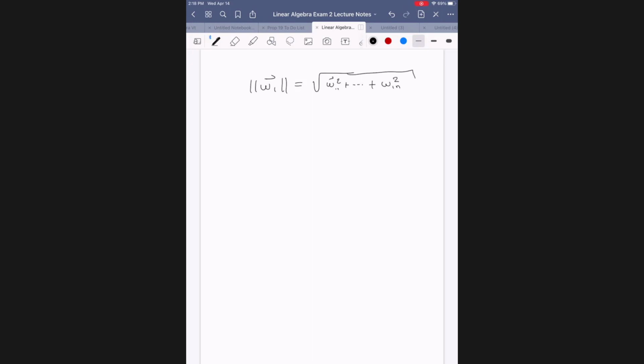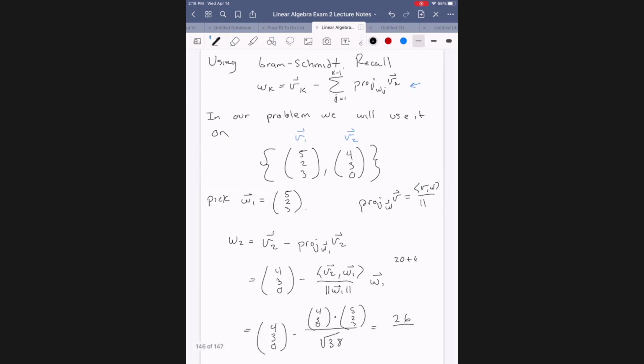If this is x, y, you just do the square root of x squared plus y squared. You add them together and take the square root, okay? So remember, in general, you calculate it using the inner product with itself.